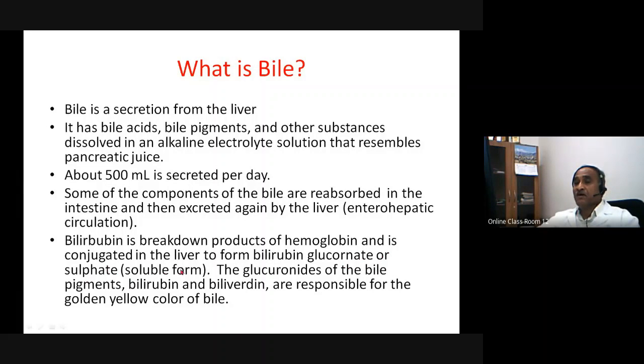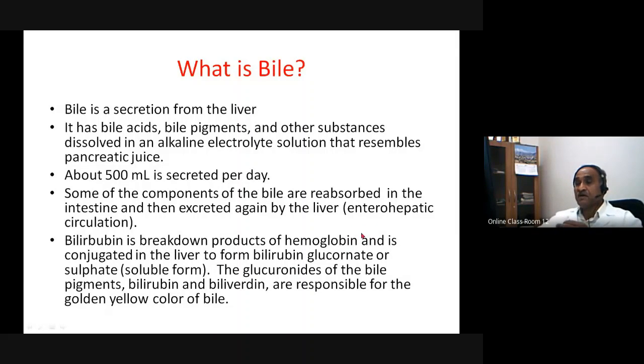That is the soluble form, and this soluble form is excreted through the bile duct. If it is not conjugated, then it will remain attached with the albumin. So that is another thing.